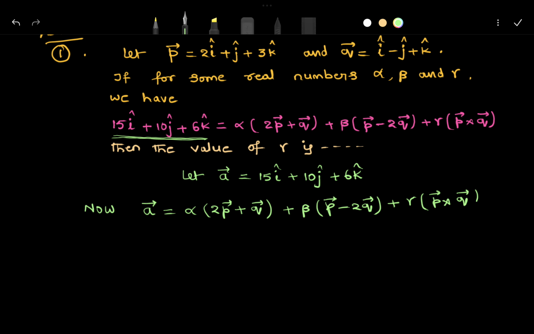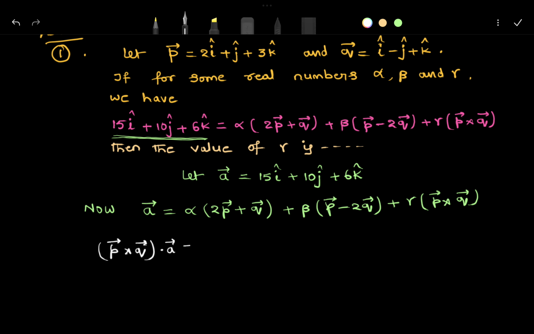Here I know the P bar and Q bar values. So if I want to find the gamma value, I will do the dot product with P bar cross Q bar.